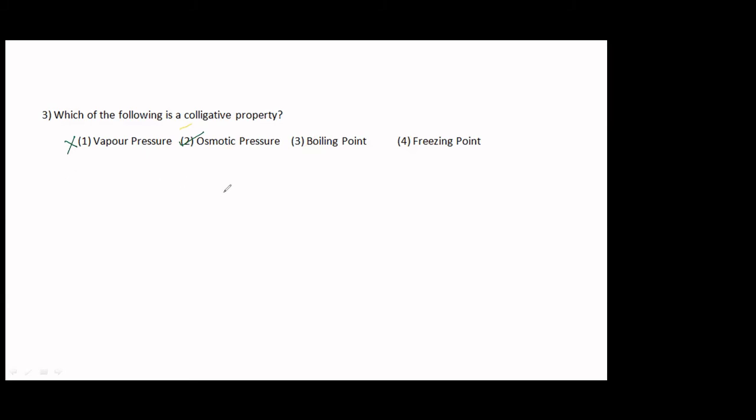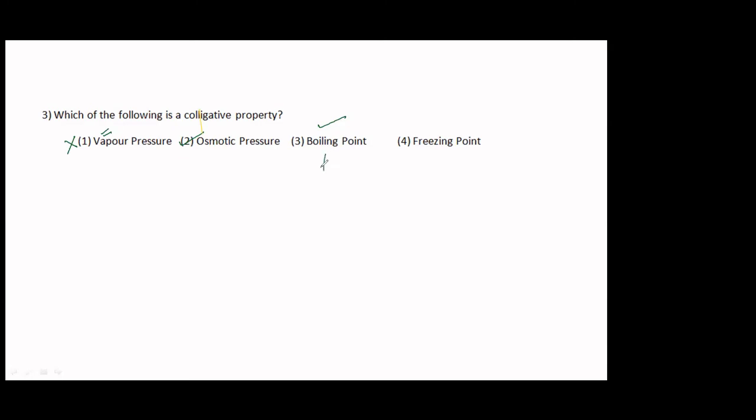Methanol and water, if you keep them at the same temperature, methanol will have higher vapor pressure because it depends upon the strength of intermolecular forces. Boiling point, water and methanol will not have the same boiling point, isn't it? They will have different boiling points, and hence it depends upon the nature of the liquid.